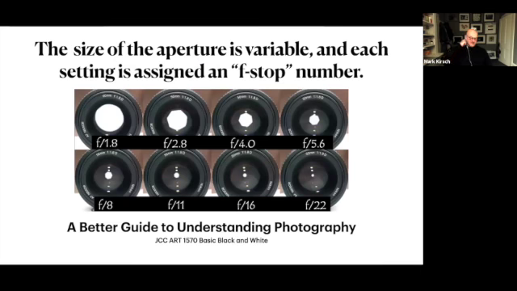Now with shutter speed, the nomenclature is pretty easy to understand. It's fractions of a second, from 1 second, 1/2, 1/4, 1/8, all the way up through 1/1000th of a second. Aperture numbers are different. Aperture numbers are referred to as f-stops.